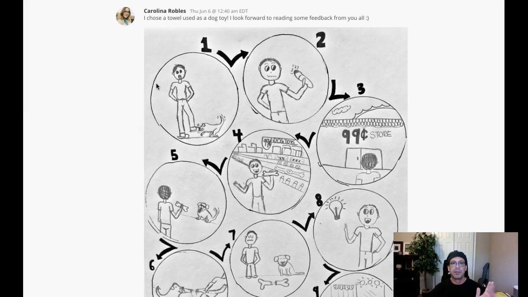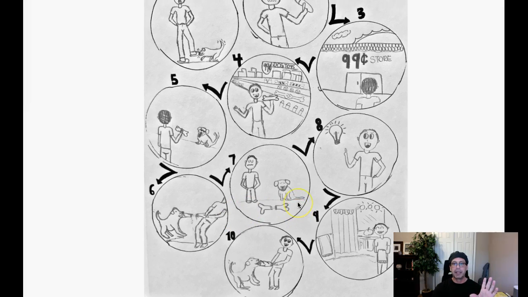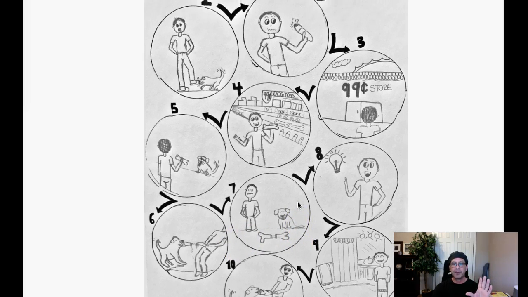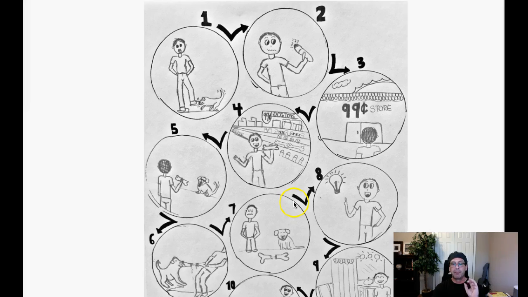So the dog goes after the shoe, destroys the shoe, and then this guy is, oh, by the way, great depiction of the character. It's great that you're showing different perspectives and different angles of the character, because that adds visual interest, and I think that provides a very high degree of engagement for the viewer. So I love seeing that. Just make sure his hair is the same and his clothes are the same, so we know that that's the same guy. Okay, so anyways, the shoe goes to the 99-cent store, finds the dog bone.